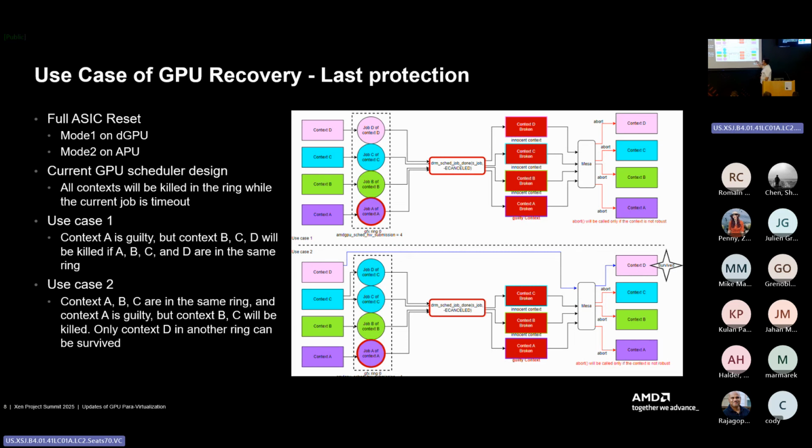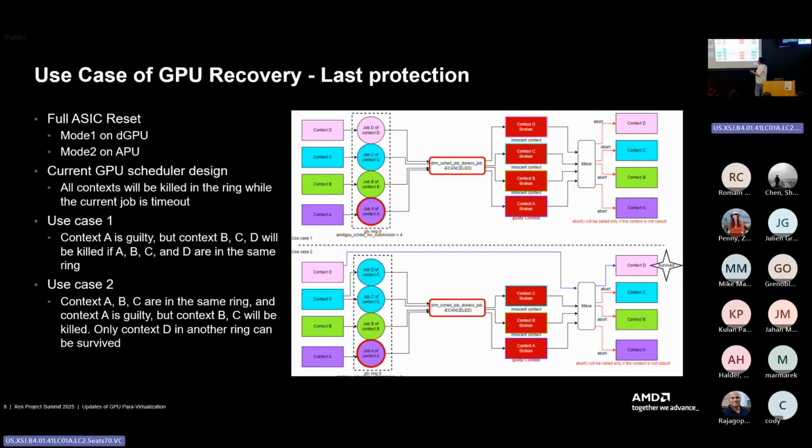And please see the second use case. Contexts A, B, C were in the same queue for submission. Context A will be guilty, but only the contexts in the same queue as A, namely A, B, C, will be killed finally. And context D doesn't issue commands in this queue, so it can survive.